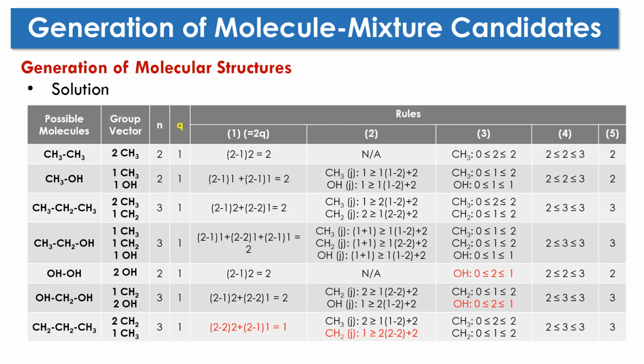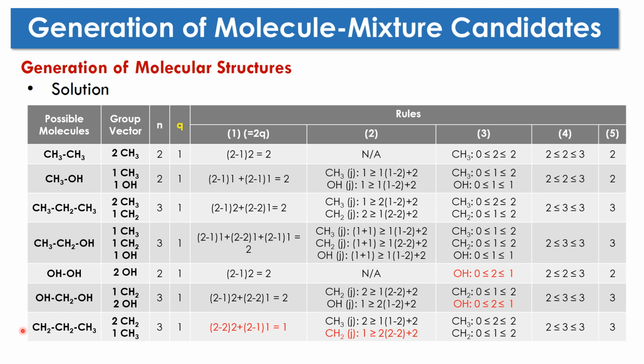Into more detail, what we can do is list down all possible molecules that can be generated. Of course, if we don't set any restrictions, then there are many possible molecules available. It's only that in this example, I only list down 1, 2, 3, 4, 5, 6, 7 different molecules.